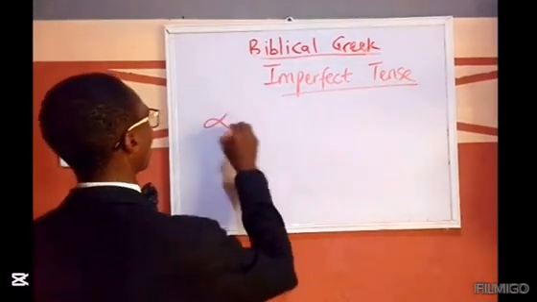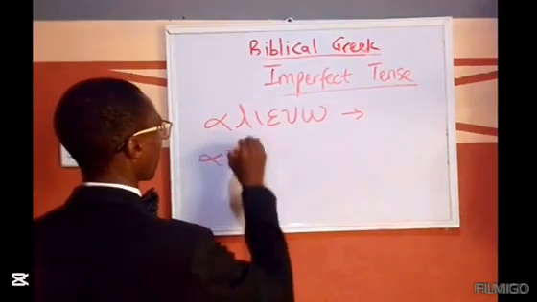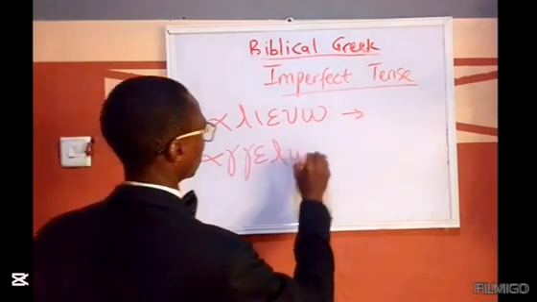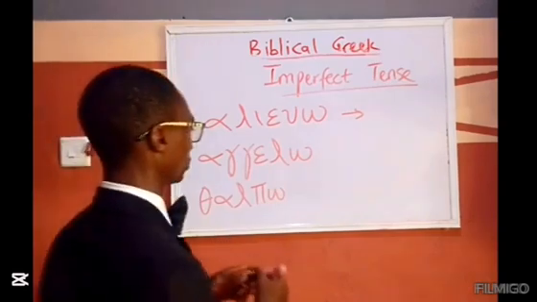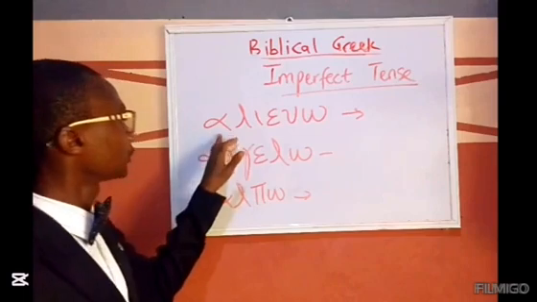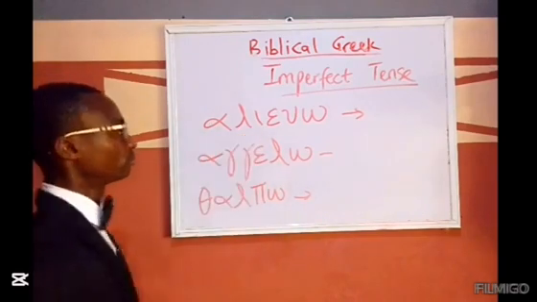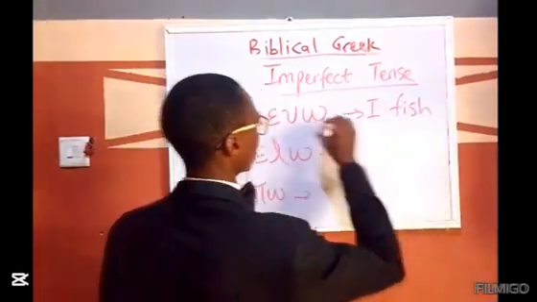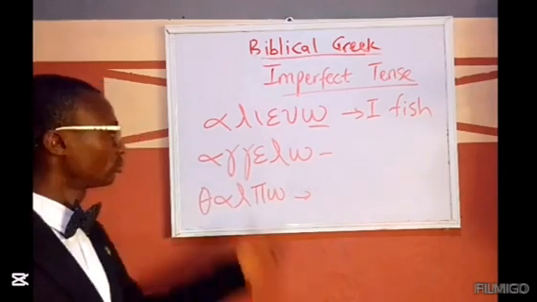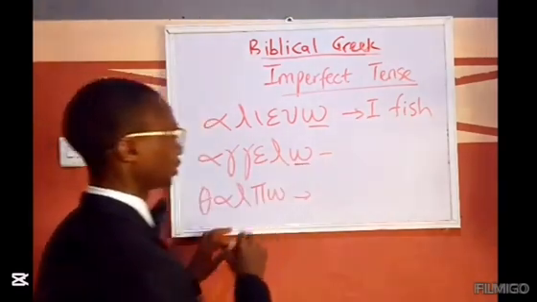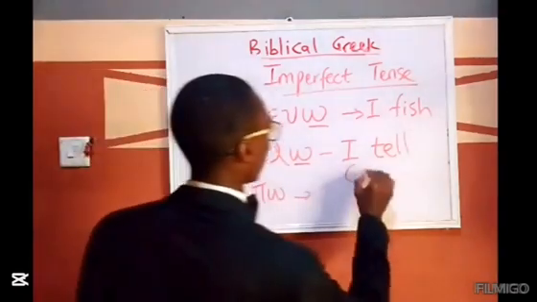All right, so let's practice the three first. We have halieuo, which means I fish, with the stem and the ending. We have angello, which means I announce or I tell.